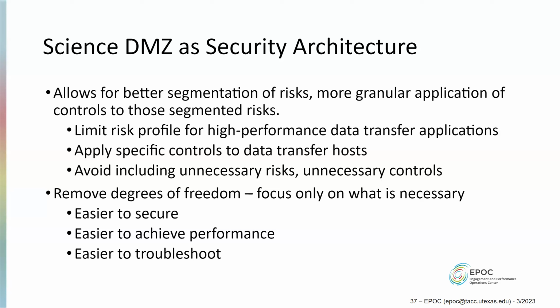And so it makes it a lot easier to secure because you only have a couple applications to keep an eye on. It makes it a ton easier to look at performance, and it also makes it easier to troubleshoot. If there's only one or two things that can break, it makes it a lot easier to find what's broken versus a traditional network where there's a lot of moving pieces, and it gets significantly harder to understand where something went wrong.